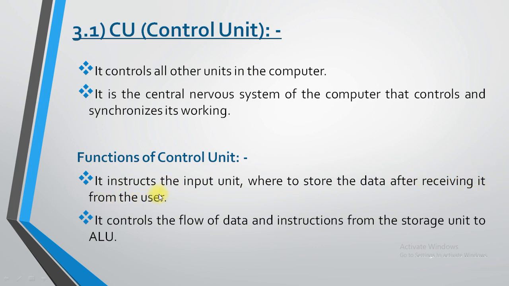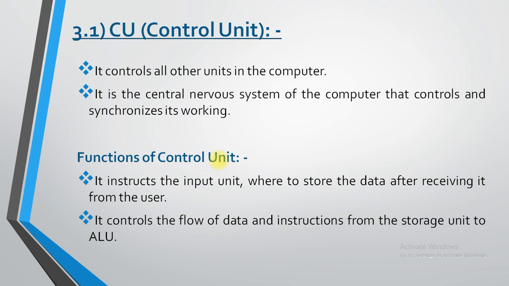As I have told you, the input unit is responsible for passing the data and storing it after receiving it. That guidance is provided by the control unit: you need to store your data in this particular location. So it gives the instruction to the input unit after receiving the data from the user.